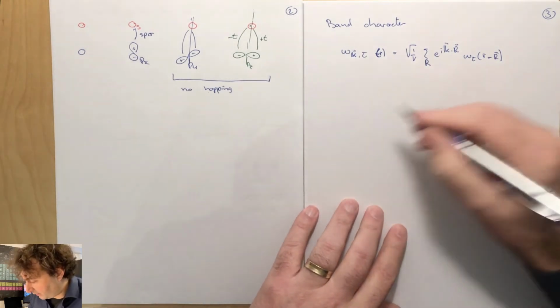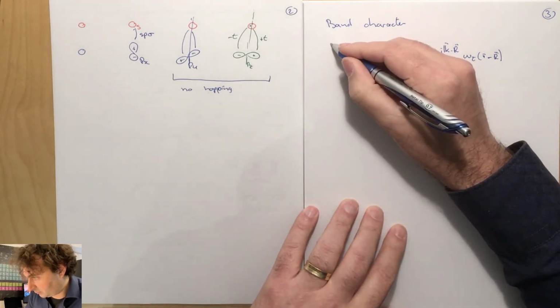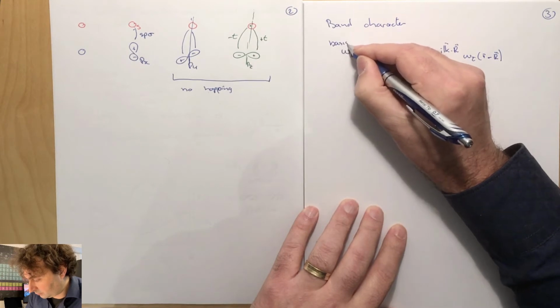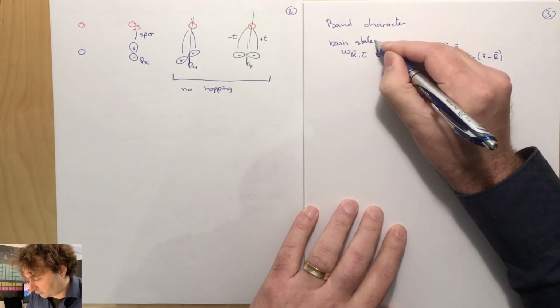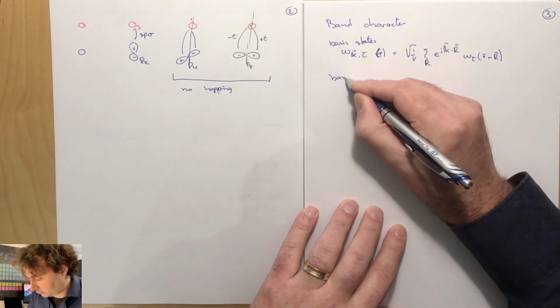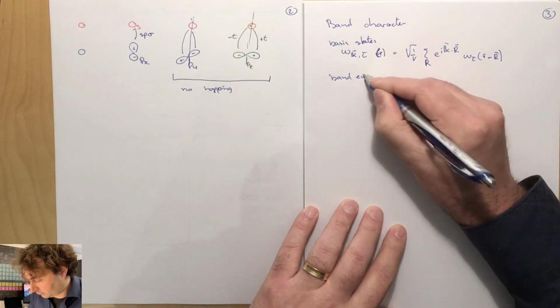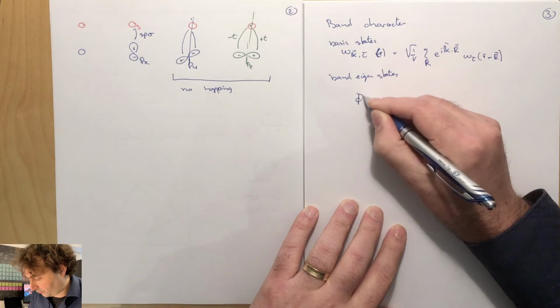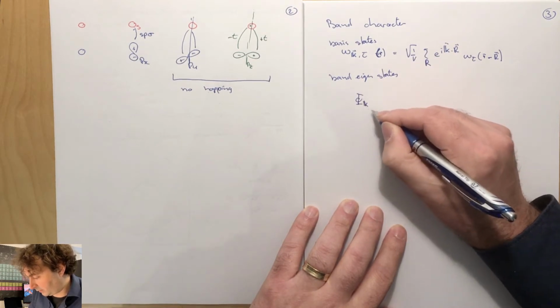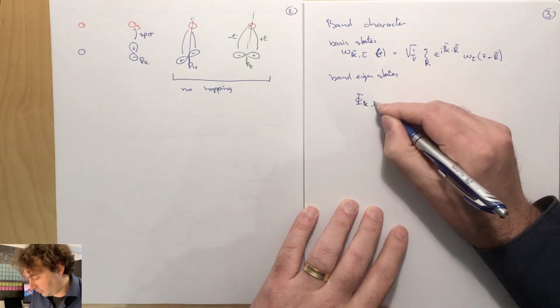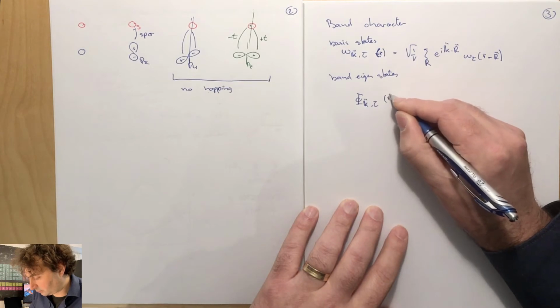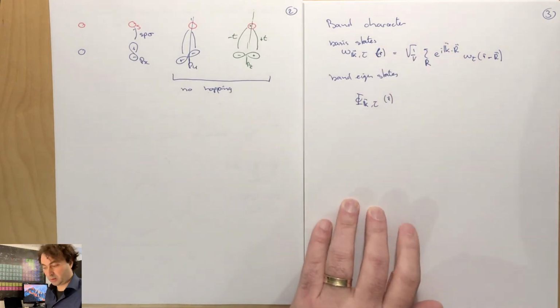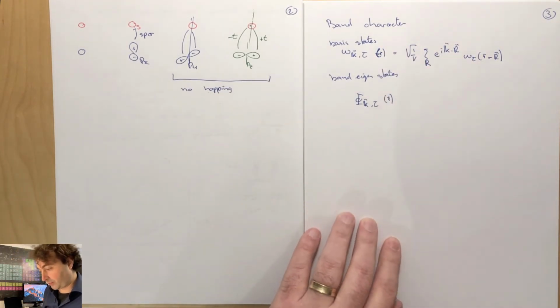And then we have band eigenstates phi, k, tau, which are linear combinations of your basis orbitals.